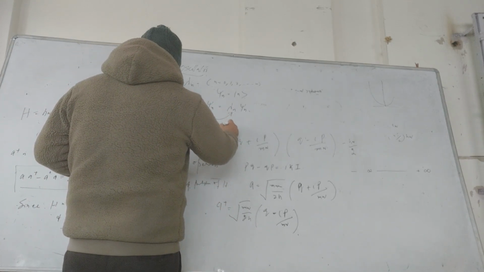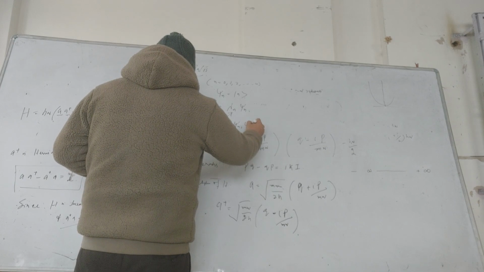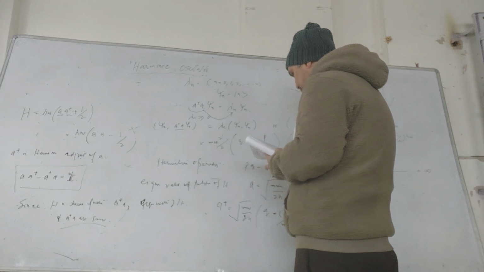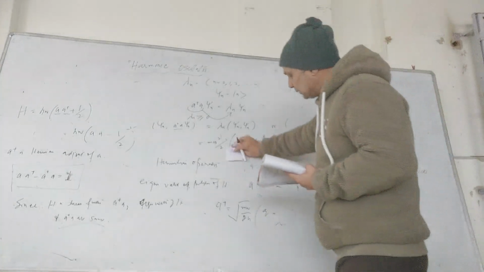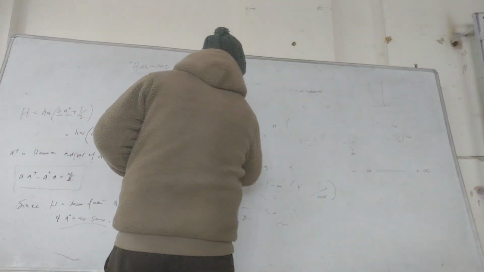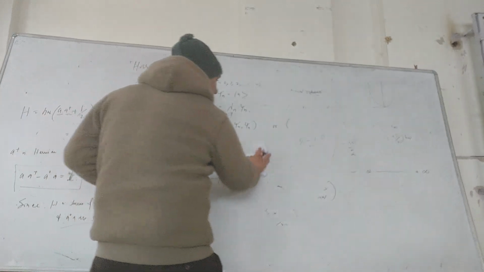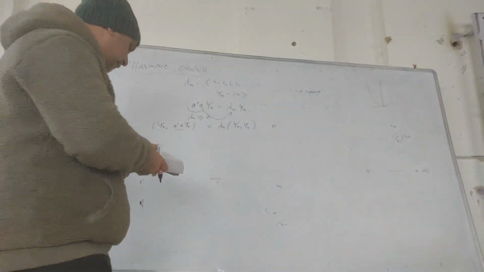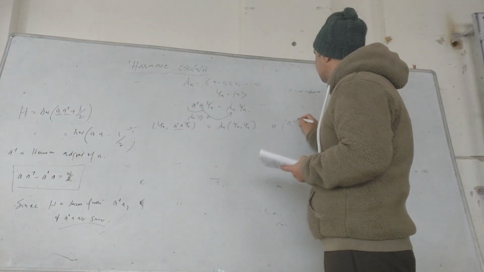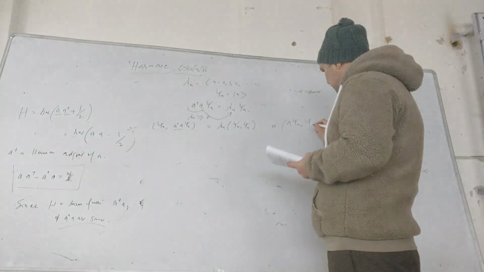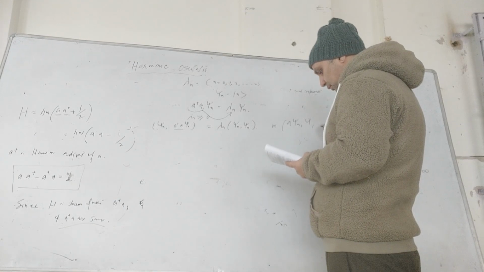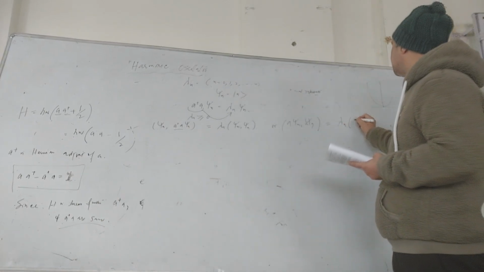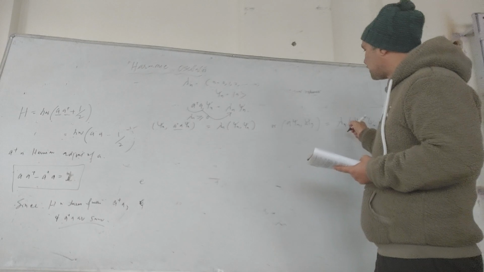So lambda n comes out: A of psi and psi, it will be lambda n psi and psi. So how does the scalar come out?